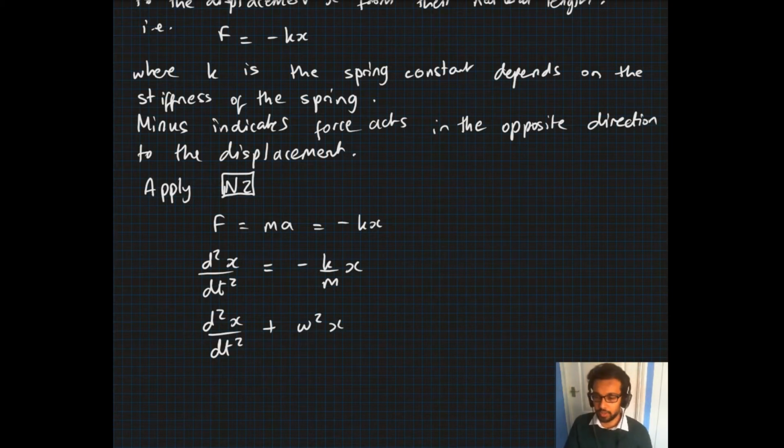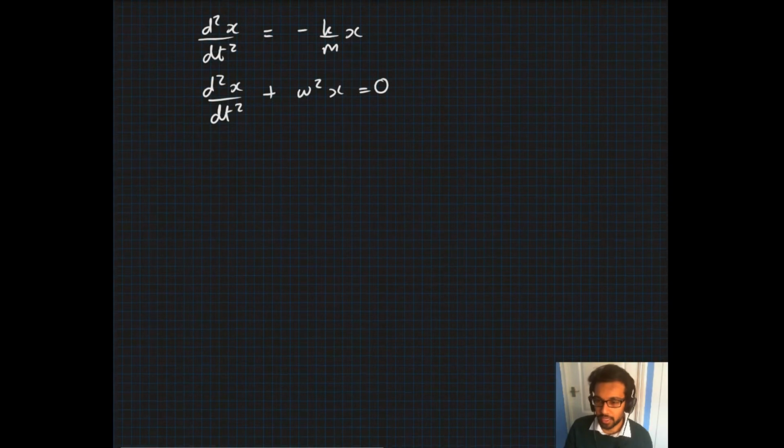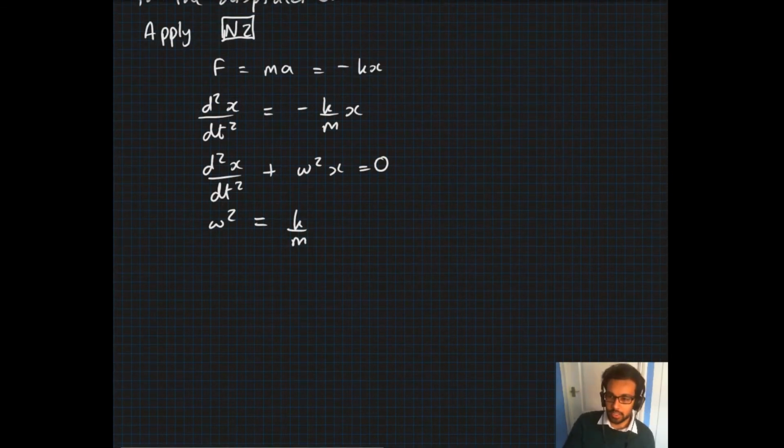So we have d2x by dt squared plus omega squared x equals 0, where we have defined omega squared as equal to k over m. Now this is a very important equation. It's going to be labelled star, and this is the equation of simple harmonic motion, and it's one of the key equations of physics that pops up all over the place.